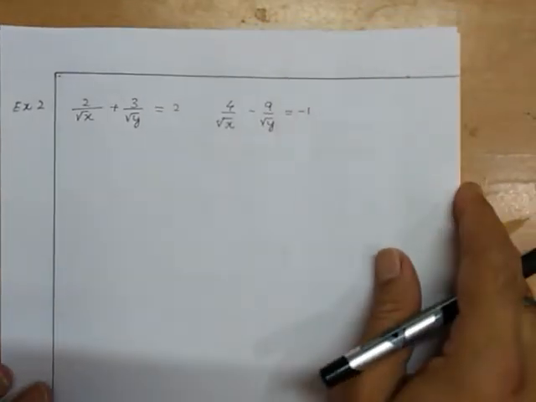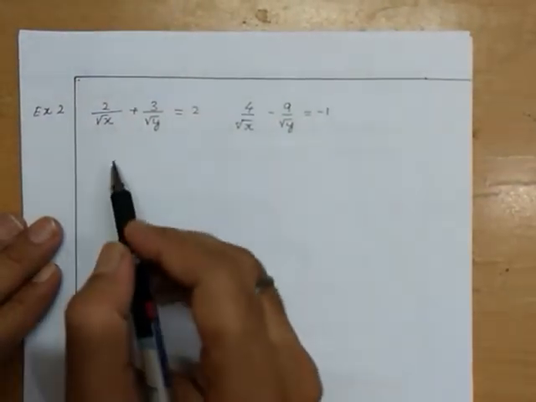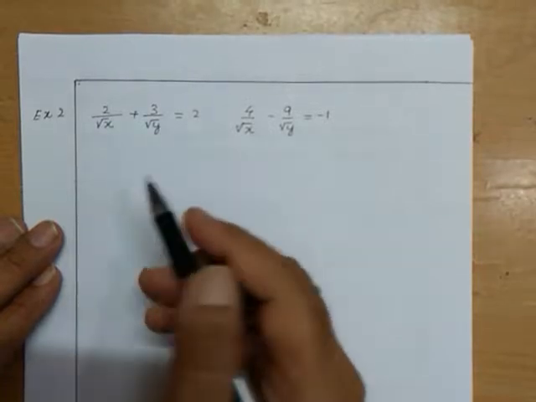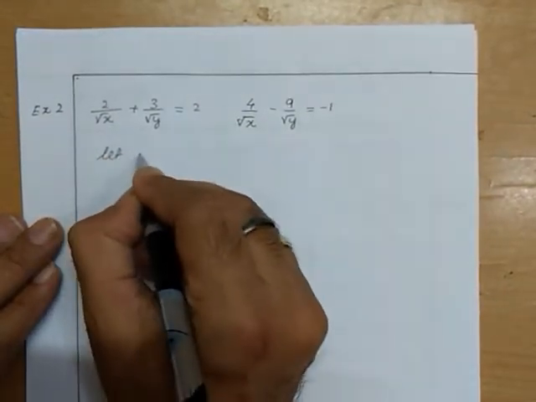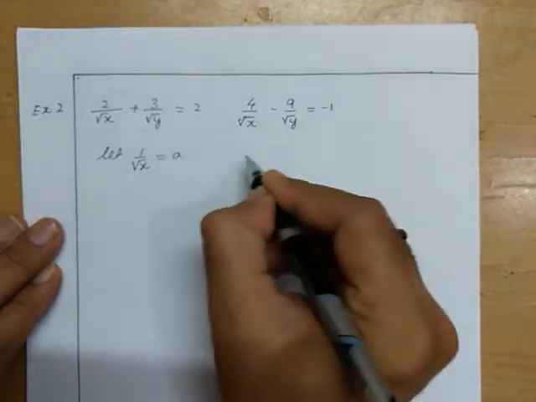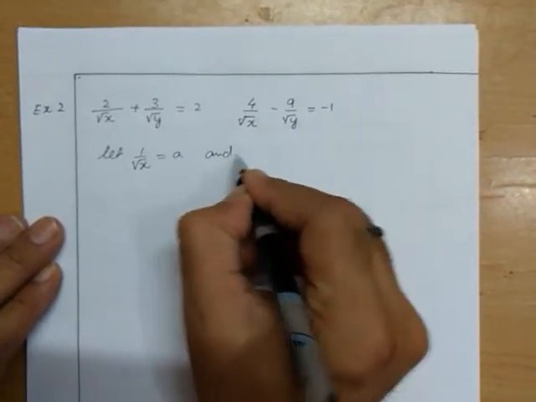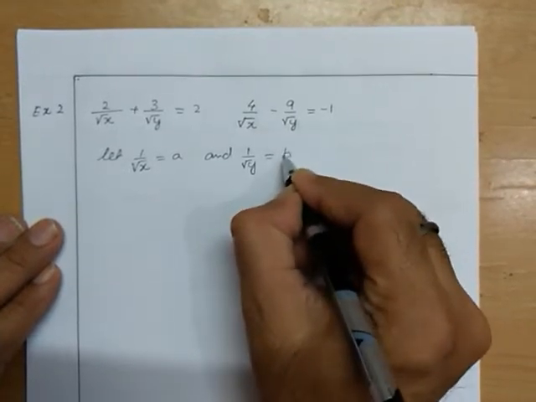Now we take up this question, where we are having root x in the denominator. So here we will assume let 1 upon root x is equal to a and 1 upon root y is equal to b.